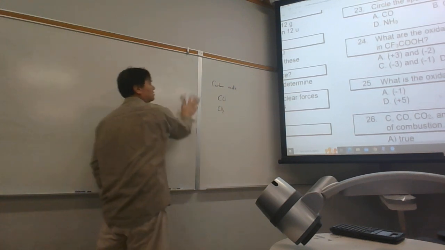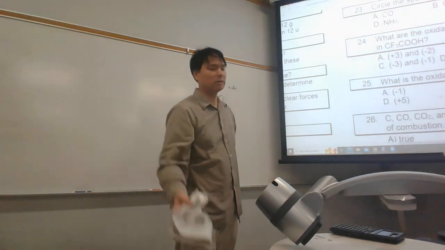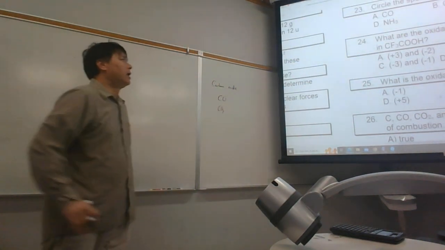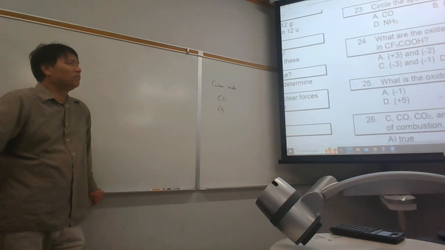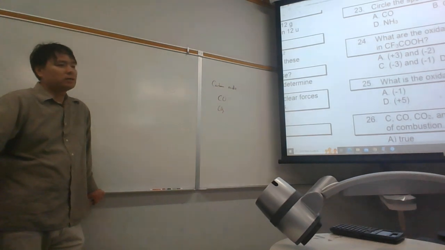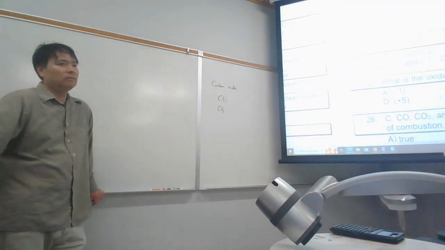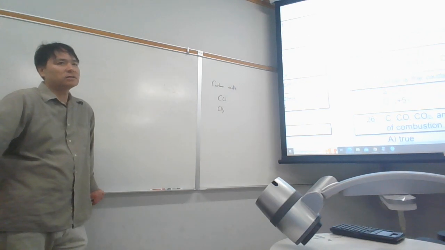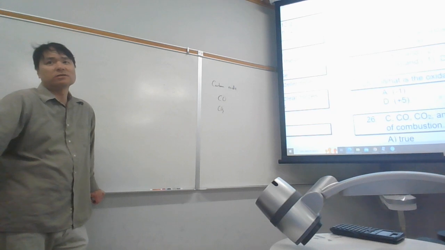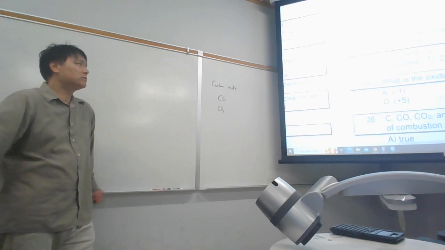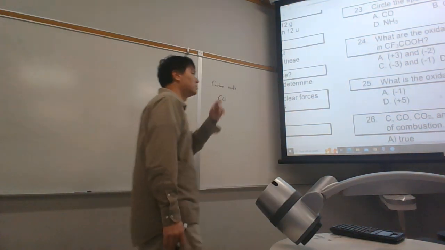One way is by the oxidation states. There are 2 ways of handling this. One way is using the oxidation state rules, but the oxidation state rules don't give you the individual oxidation states, they give you the average oxidation state. So if we use the oxidation state rules, this is what we get.